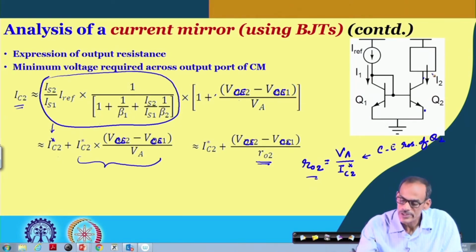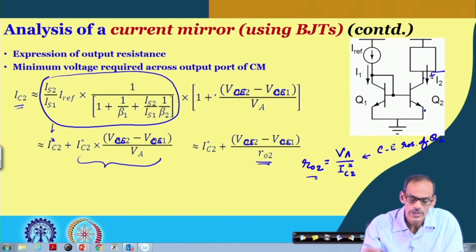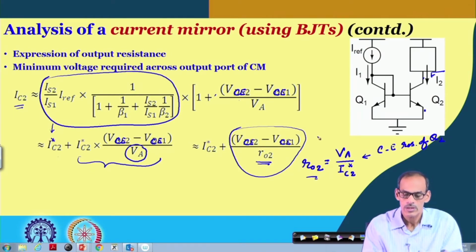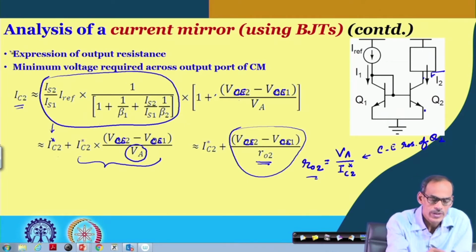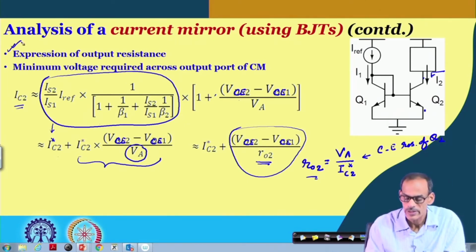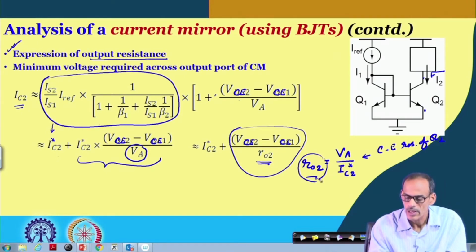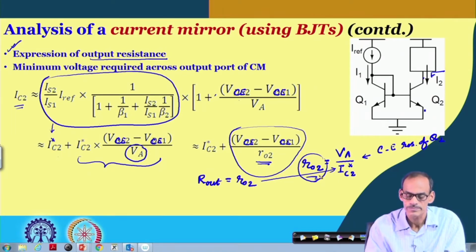So, if this output resistance is higher, which maybe can be obtained by a higher value of the early voltage, then this non-ideal part will be smaller. So, we may wish to keep the transistor in active region so that we can get the output resistance high, and as I said, this output resistance is essentially RO2. So, we can say Rout equals this RO2, which has this expression.